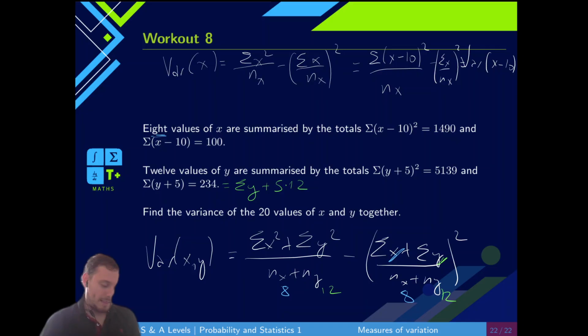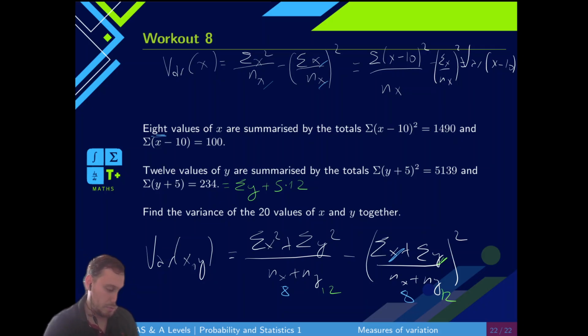The thing is that the variance of x and the variance of x minus 10 are the same. So these two expressions are the same. The sum of x squared over n of x minus the sum of x over n of x squared is the same as the sum of x minus 10 squared over n of x minus the sum of x minus 10 over n of x squared. Then we know this because we found it in the previous part.